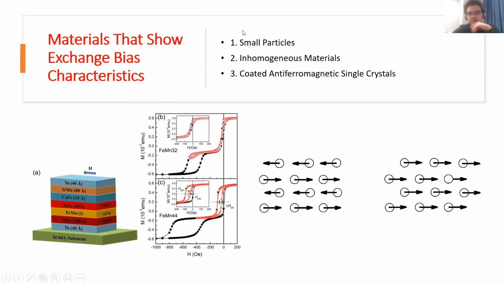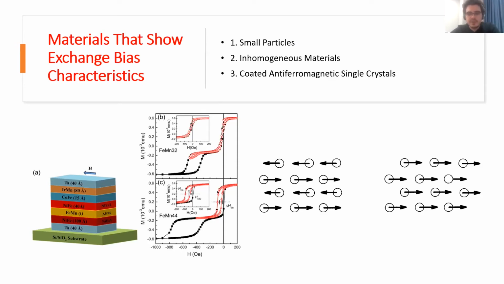We cannot control them relatively well. We cannot just stabilize one characteristic and keep the others the same. So they are not our favorite particles to study exchange bias today, but they are the first particles which gave the exchange bias characteristic.